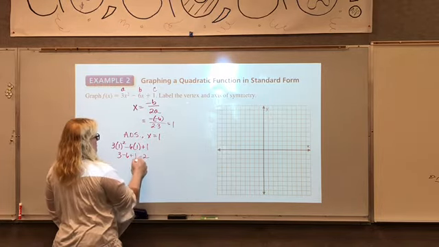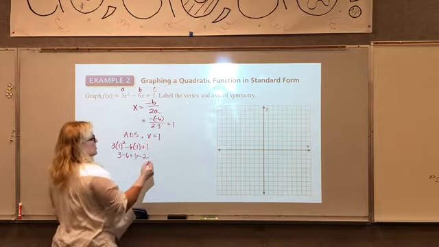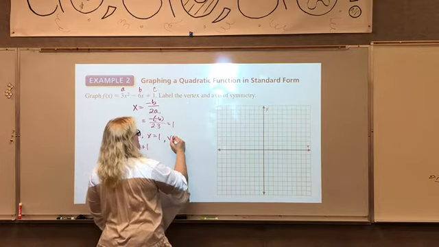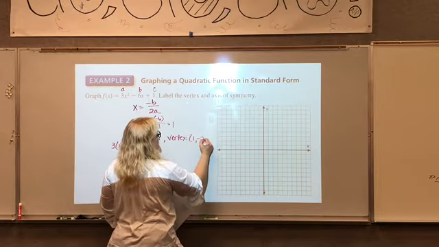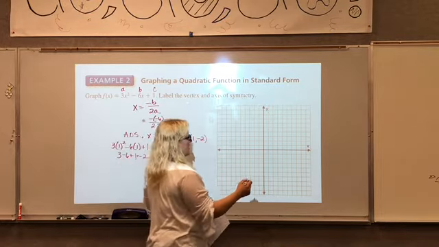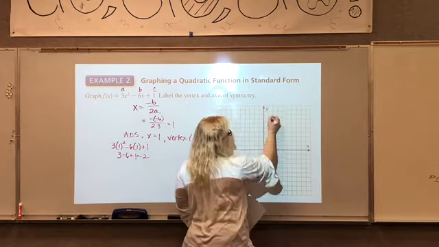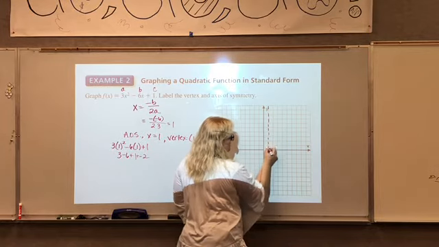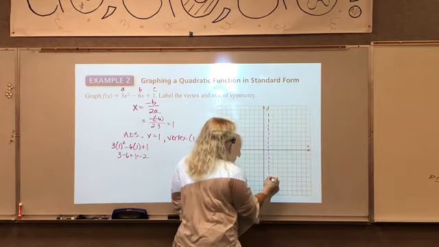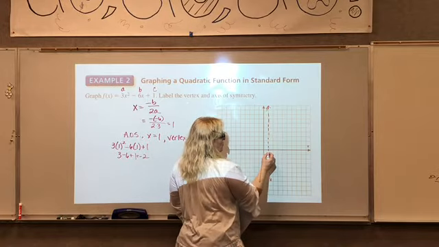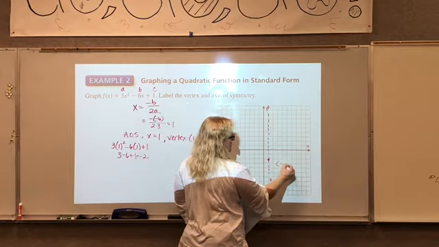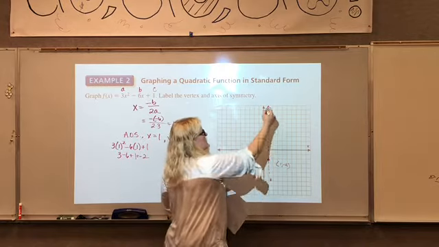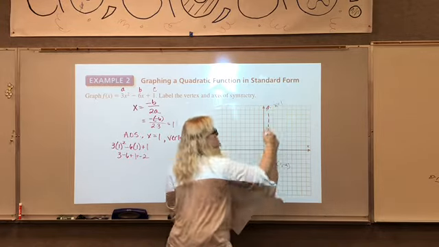Oops, I should do equals negative 2. So my vertex is 1, negative 2. So I go over here and 1 is my axis of symmetry, right? X equals 1. 1, negative 2 is my vertex. So there's 1, negative 2 for my vertex. X equals 1 is my axis of symmetry.